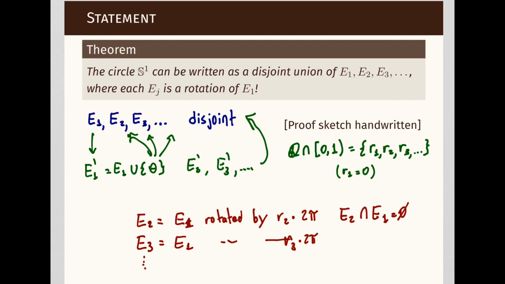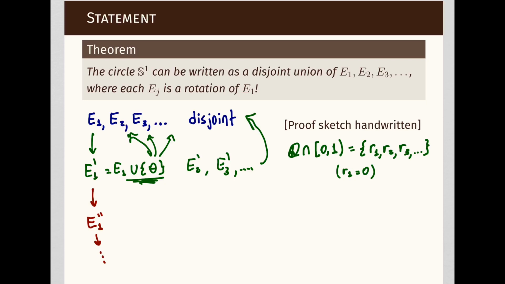These are larger sets now because we have added a point to each of them, but they're still disjoint. They're not yet big enough so that their union gives the entire circle. So we can keep doing this. Increase these sets once more, and then once more, and keep doing this.